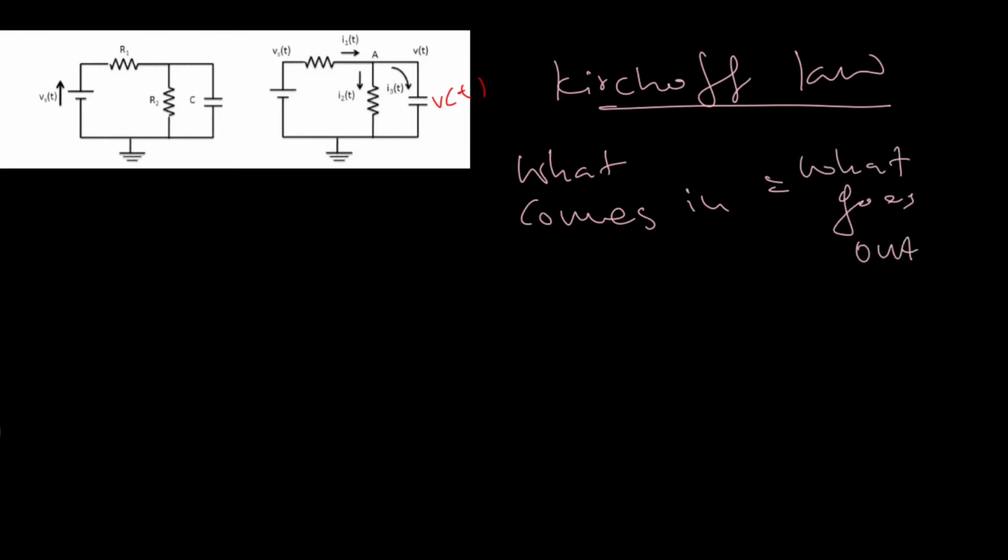Or if you use mathematics, Kirchhoff's current law, the summation of currents at a node, sum of I equals 0. Very simple. So how do you apply Kirchhoff's law here? I1 equals I2 plus I3. Very simple.